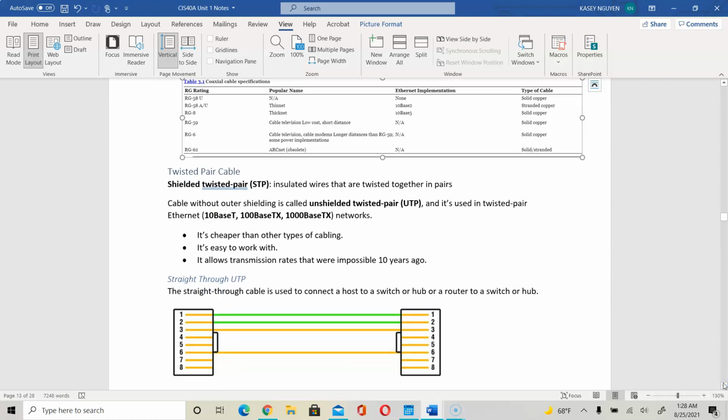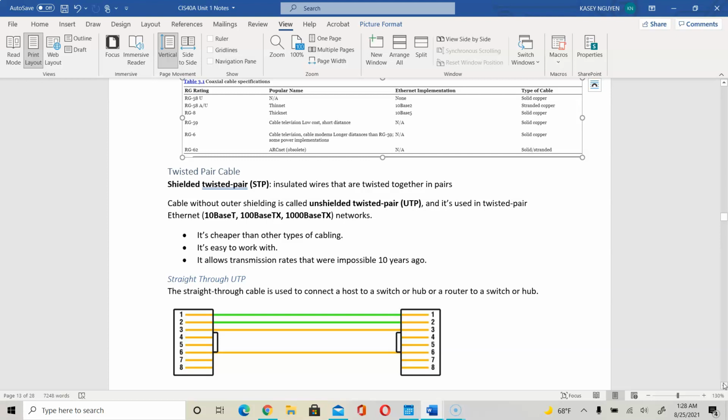Next, I'm going to talk about twisted pair cable. So your Ethernet cable is a twisted pair cable. After you remove the jacket of it, you would see that the copper wires are twisted together, hence the name twisted pair. We would have an STP, which stands for shielded twisted pair, or we can have a UTP, which stands for unshielded twisted pair.